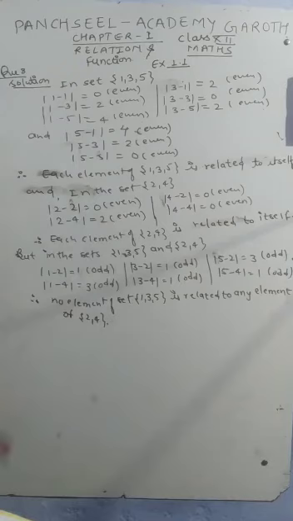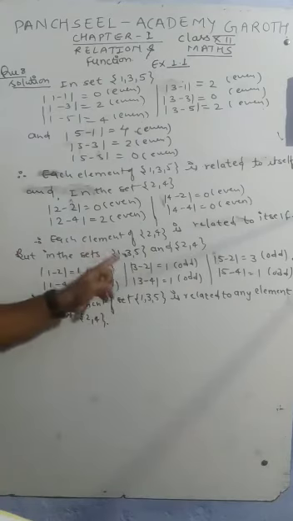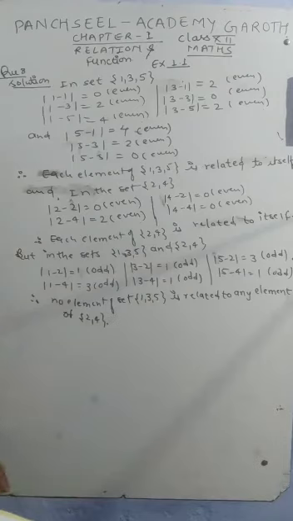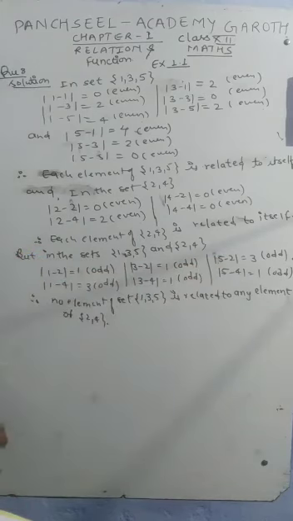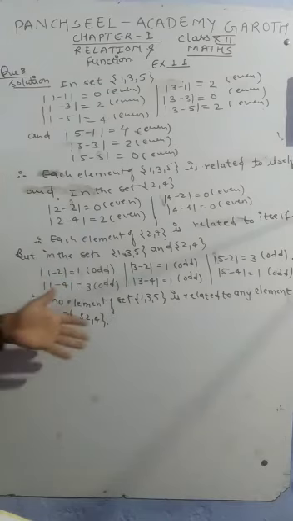In the other case, if the first set is 1, 3, 5 and the second set is 2, 4, and we find all the possible ordered pairs, that will be 1, 2; 1, 4; 3, 2; 3, 4; and 5, 2; and 5, 4. According to the relation, we check whether these ordered pairs give an even number or not. So we are getting odd numbers from the given ordered pairs.